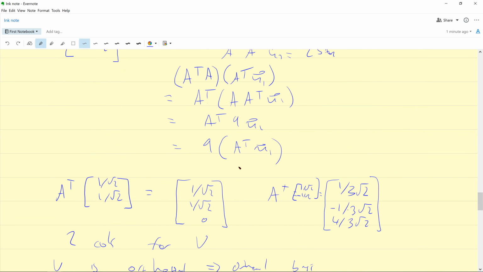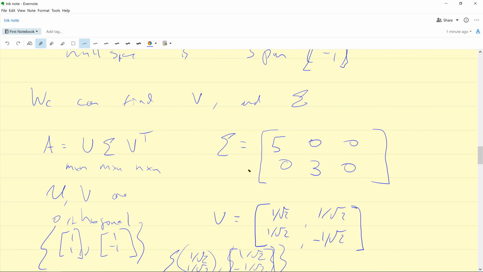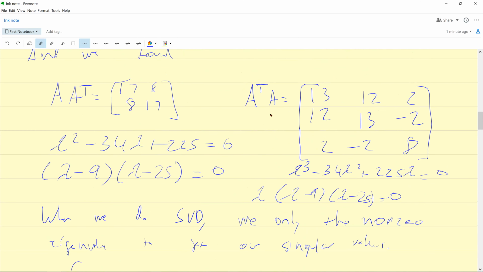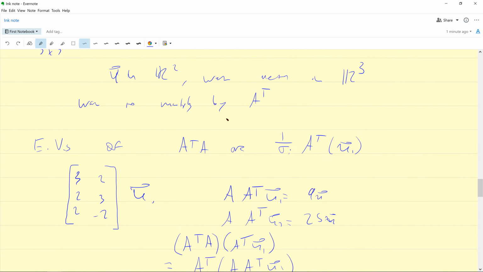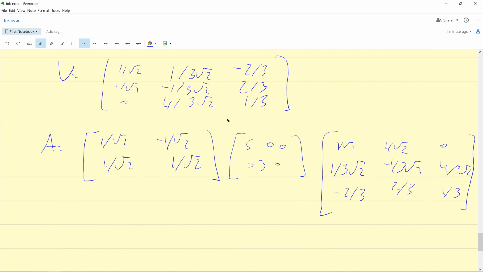If we did it with A transpose A, we would have gotten the right singular vectors and multiplied by A to get the left singular vectors. That's how they first explain it in the book. This time we chose to get the left singular vectors first and then get the right singular vectors by multiplying. Gotcha.